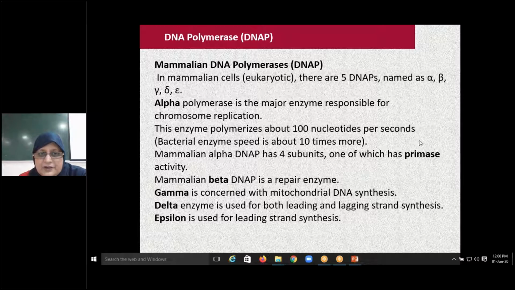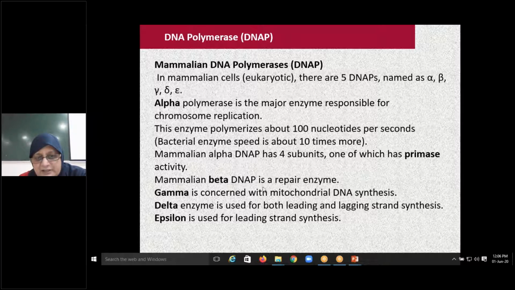Another major function of alpha polymerase is that it has primase activity. This enzyme is responsible for synthesis of the RNA primer, and it has 4 subunits.